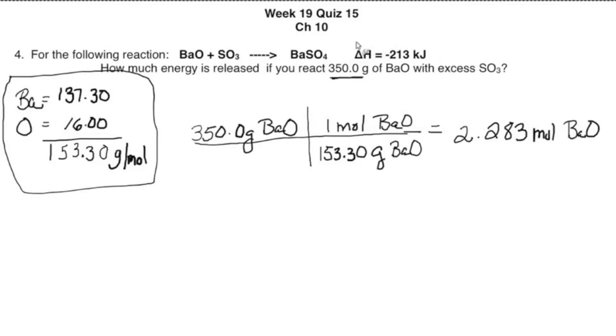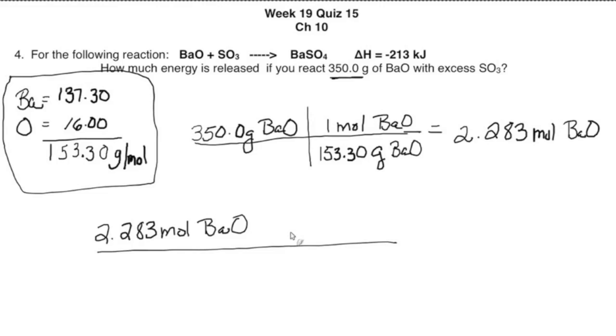So now we have over 2 moles of barium oxide. So we know that this delta H is going to be more than twice this number, because this is the delta H for 1 mole and we have 2.2 moles. So we just take our moles that we've calculated, 2.283, and we use our ratio. This is 1 mole at this amount of heat.